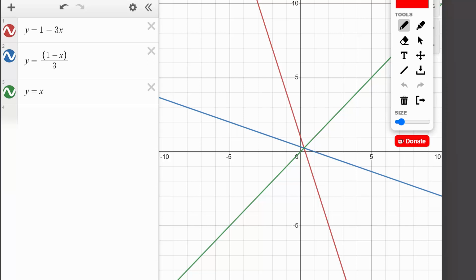We can see that the blue and red lines are reflections of each other in the y equals x line. So somewhere like that gets reflected across the green line to this position here. Note how they actually meet on y equals x, which you'd expect if they were reflections.